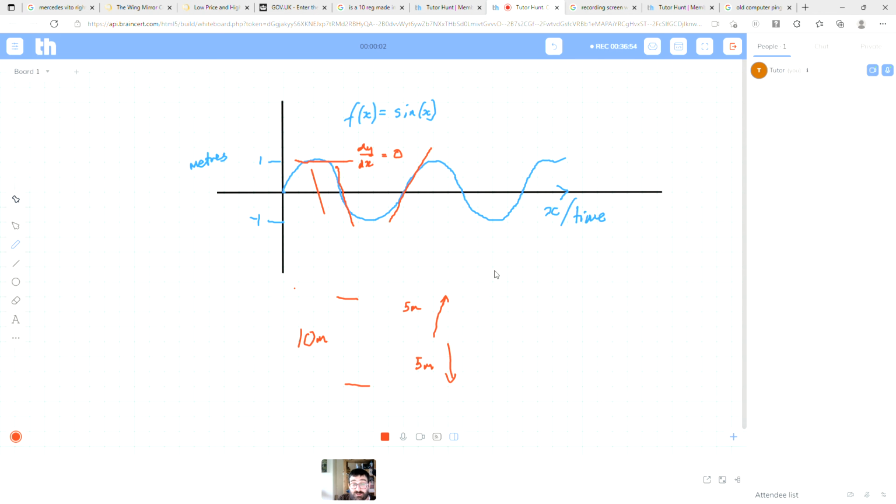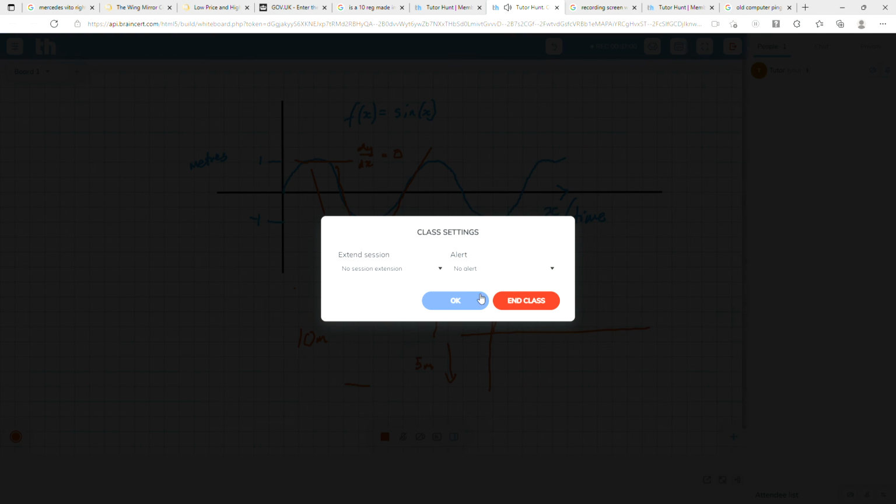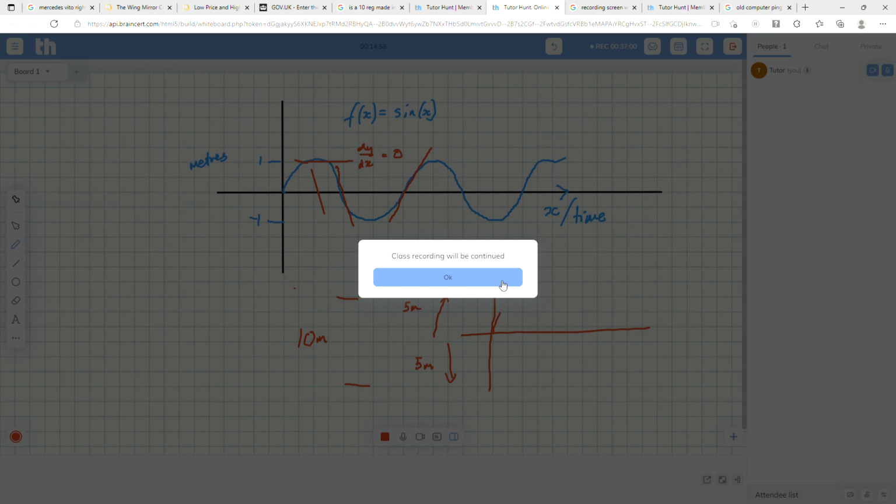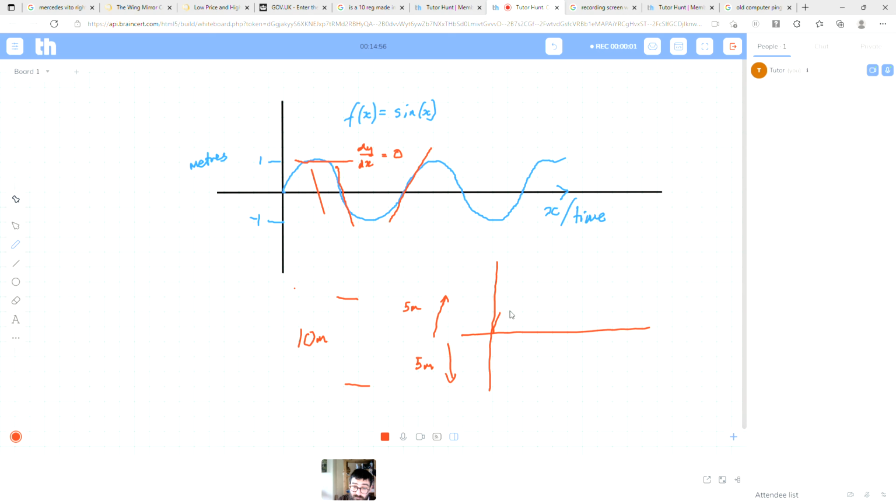So I'm going to want a function which goes up and down 5 meters, because that reflects a tide which has an overall difference of 10 meters. 5 meters above the midpoint line, 5 meters below the midpoint line. Now, how can I get my function to do that? Well, this bit is really easy. So I've got my 5 meters here, I've got my negative 5 meters here.